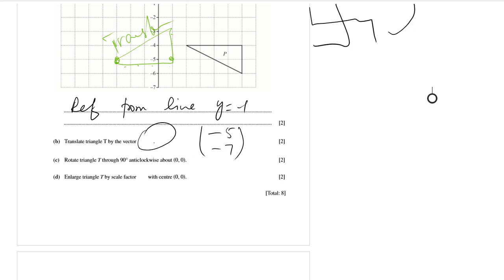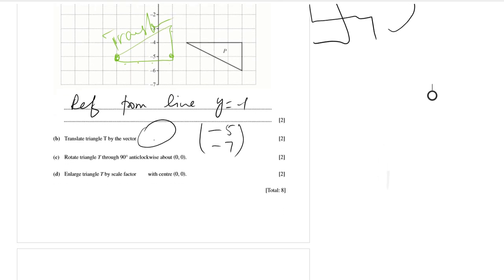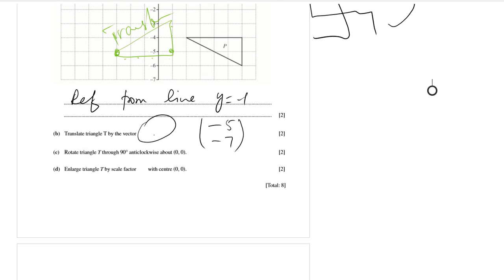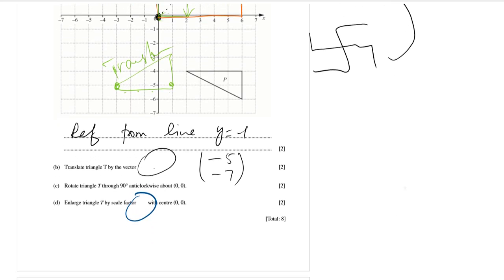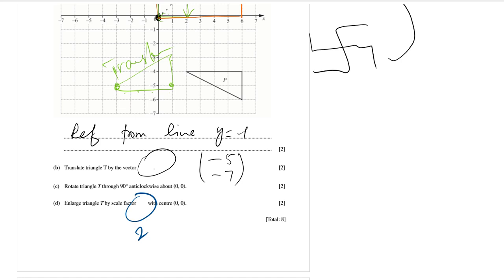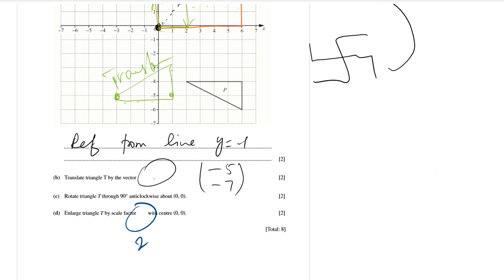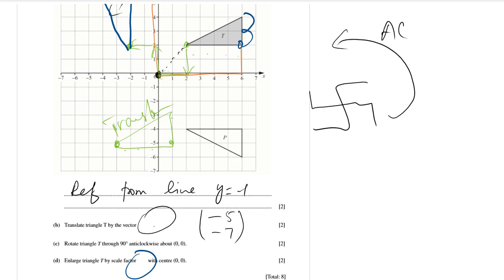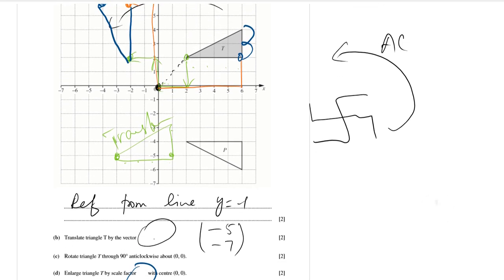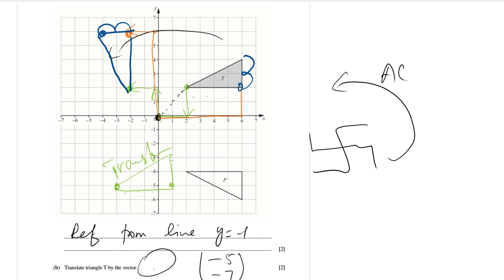Enlarge T by scale factor, with, I don't know why few things are missing again and again. 0 comma 0, let's choose 2 then. So we are going to enlarge from 0 comma 0 with scale factor 2. Join any two corners.